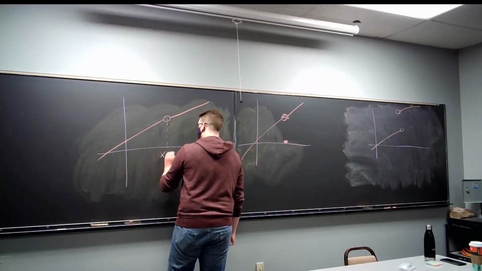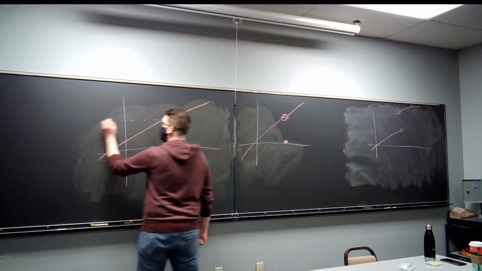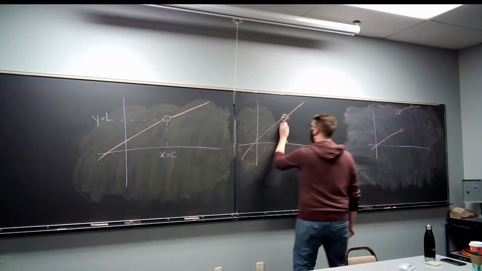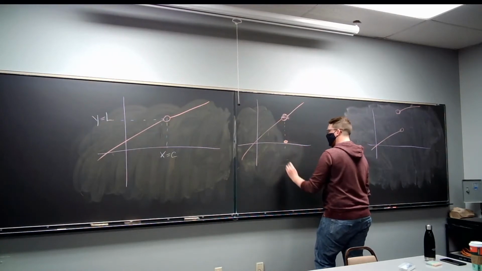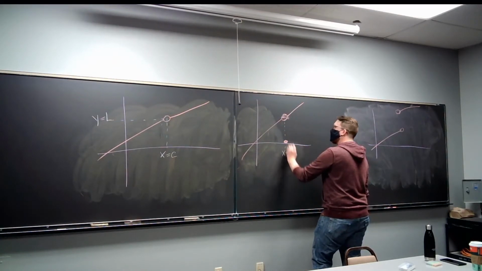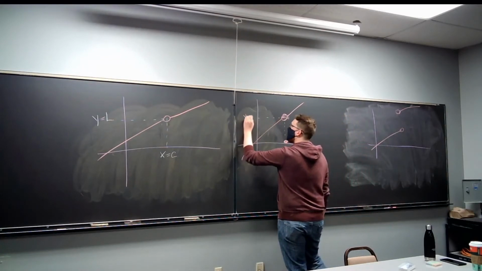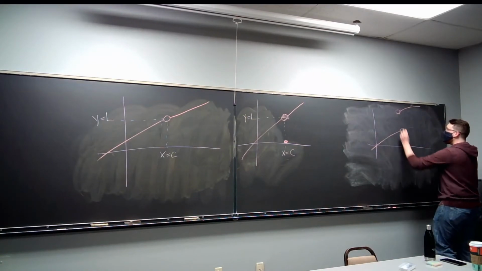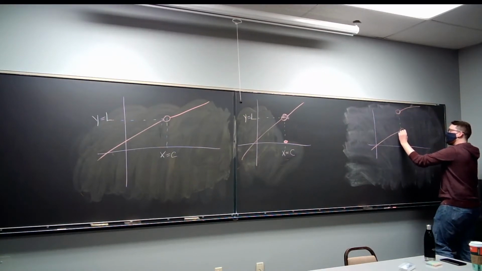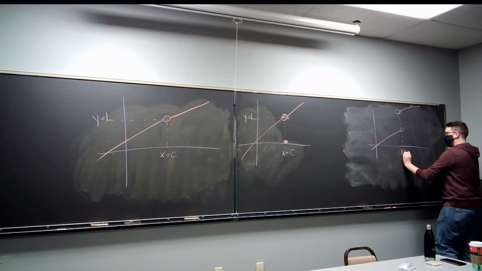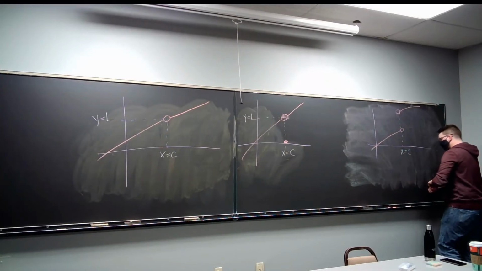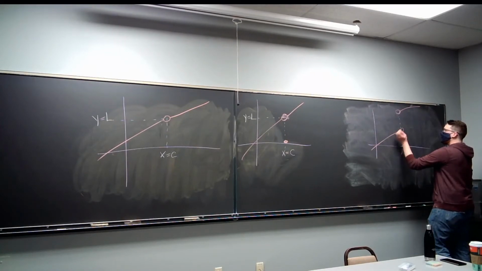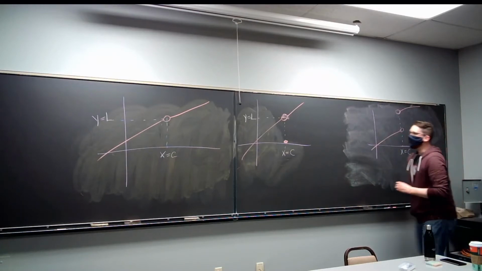X is equal to C. Y is equal to L. X is equal to C. Y is equal to L. X is equal to C. That's it.